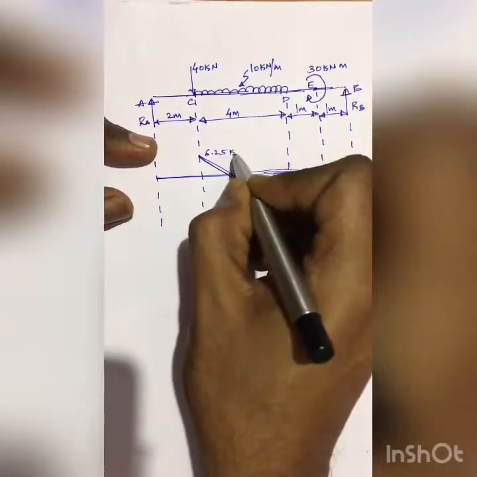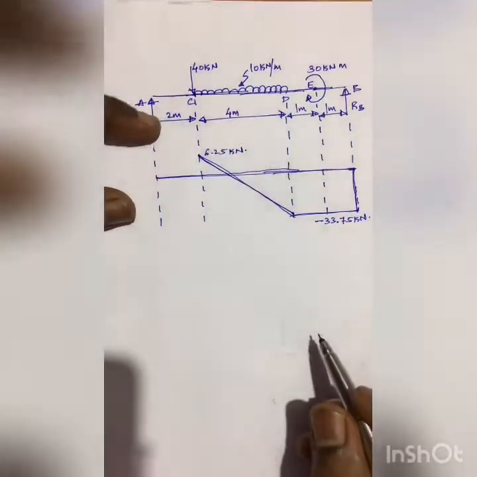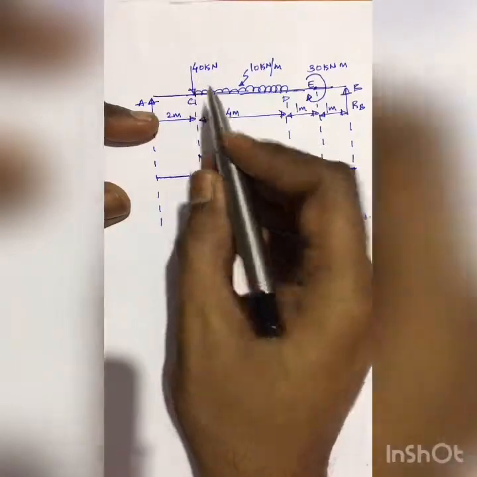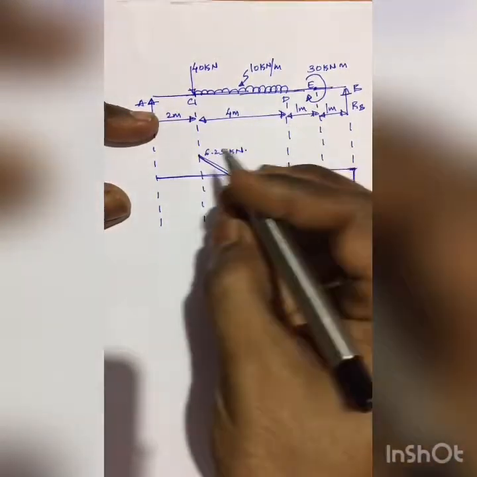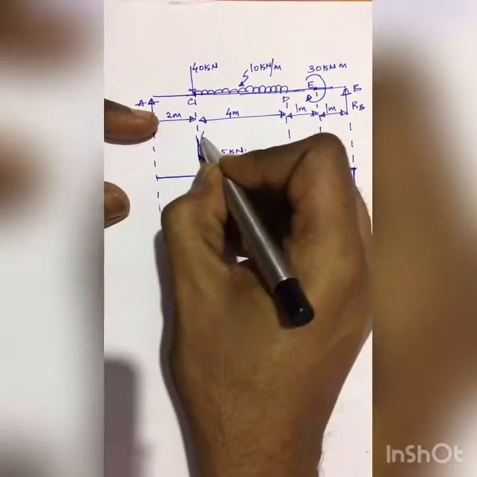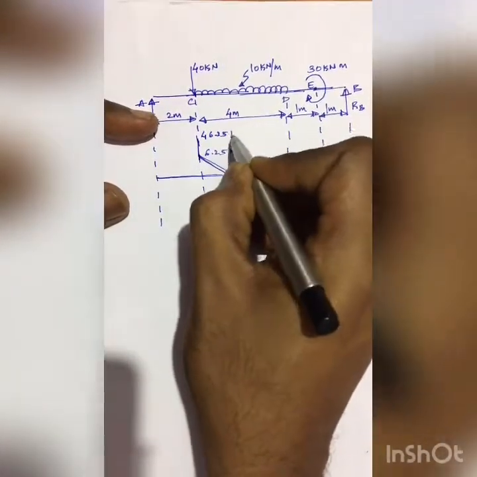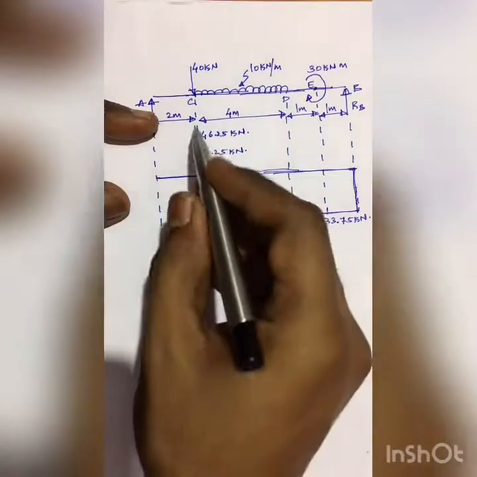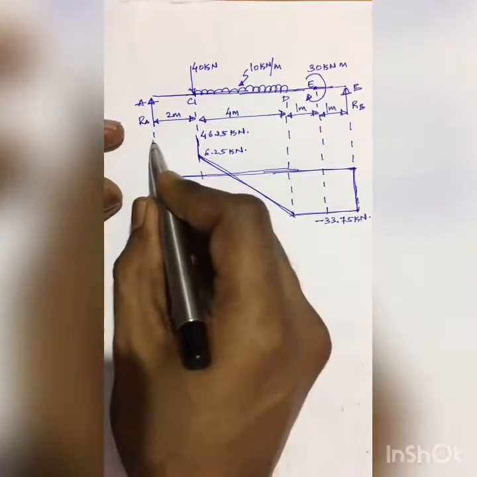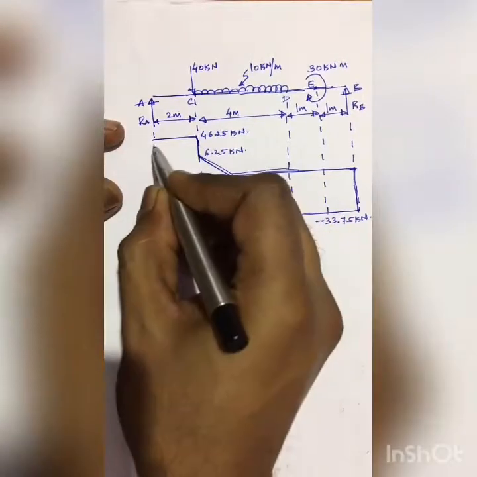Next, I found the shear force at C by considering this 40 kilonewton load, and I get this value as 46.25 kilonewton, which will remain 46.25 kilonewton till point A. So it remains constant like this here.